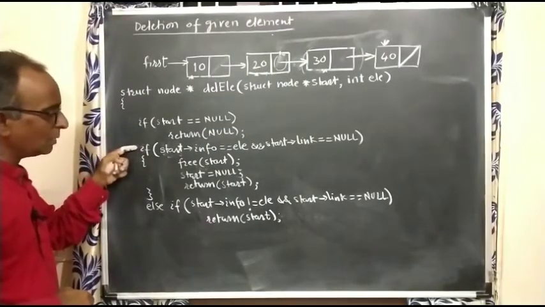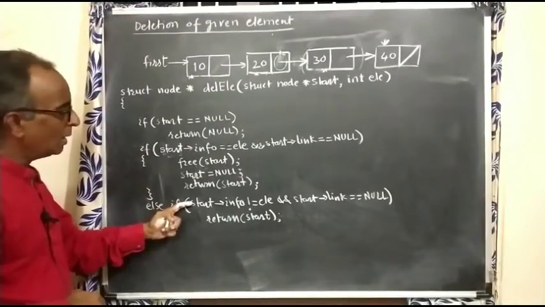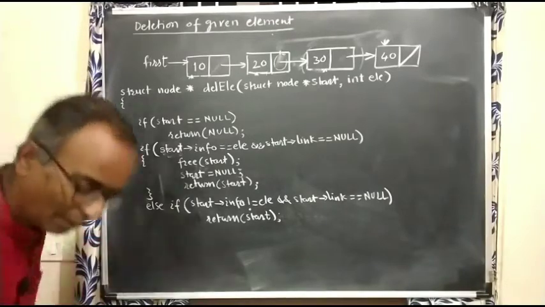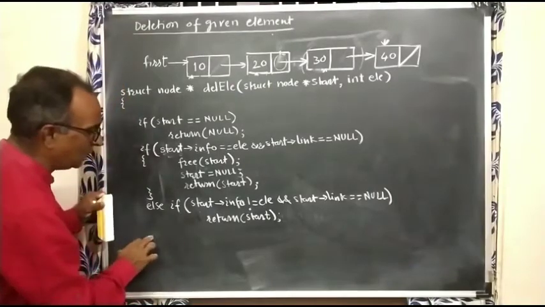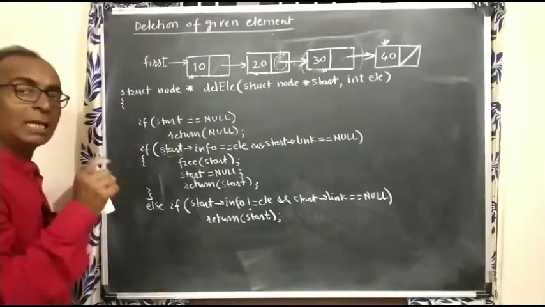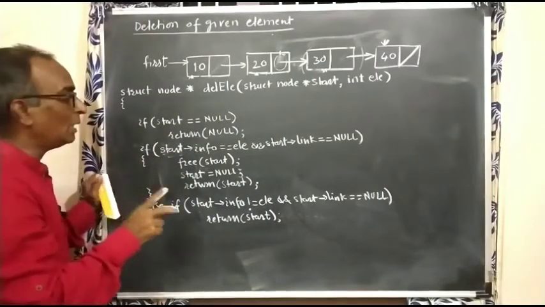If this is false, control comes here. If this is false, control comes out of this control structure, right? Then where control goes out means here somewhere. Now the list has more than one node and you are deleting.